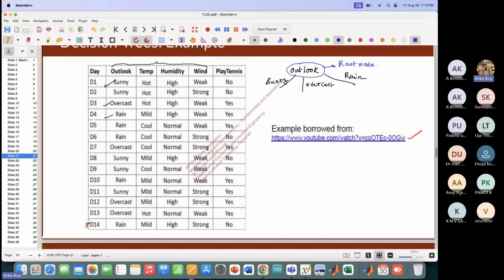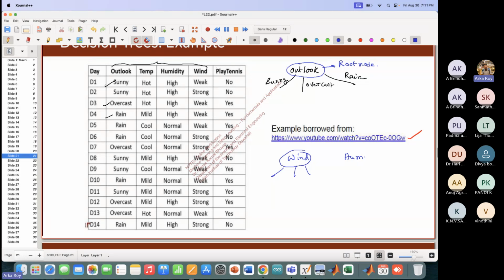You can also start the decision based on wind characteristics. You can also start from humidity. Let me think that I will choose humidity, and based on humidity, I will start with the root node, and then I can go to the leaf node.